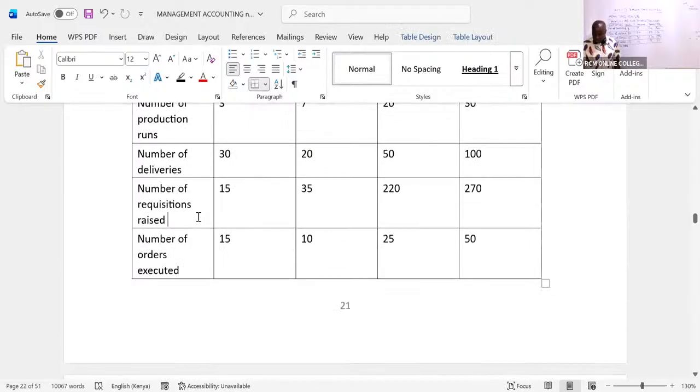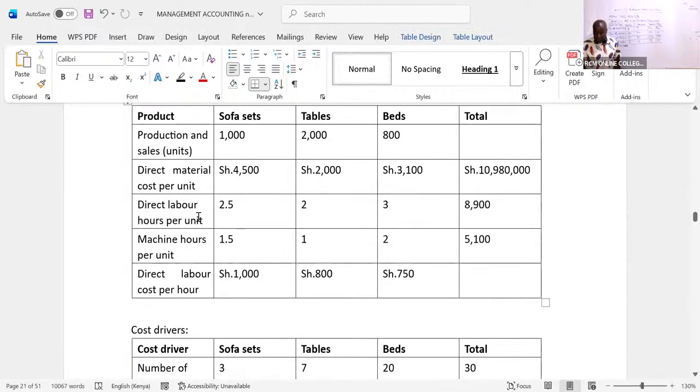So machine hours, ladies and gentlemen, if I page up, I'll be able to go to a table which is giving me their machine hours per unit. Whenever you hear that word per unit, you have to be very, very careful on ABC, otherwise you'll get an entire zero. For ABC, we want the machine hours for all the units that were produced.